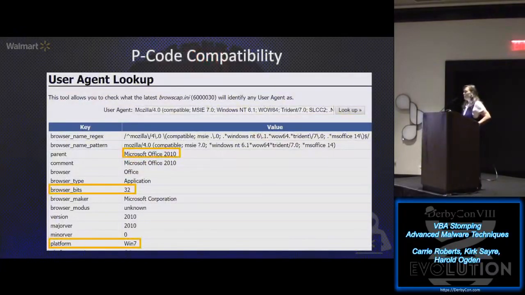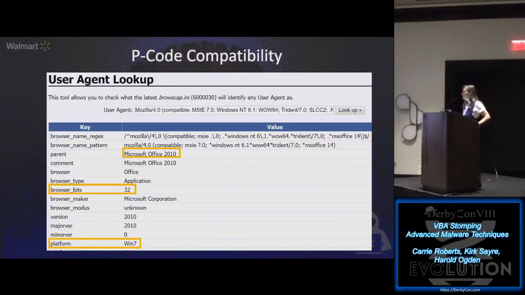We mentioned that the P code would only run if it's compatible, so the VBA version that the creator uses to create the document needs to match the VBA version of the victim, and that's pretty tightly coupled to the Office version. So if the attacker can determine the Office version of their victim, they can build this payload just to run on that version of Office. How we can deal with this as an attacker is we can analyze the user agent string.